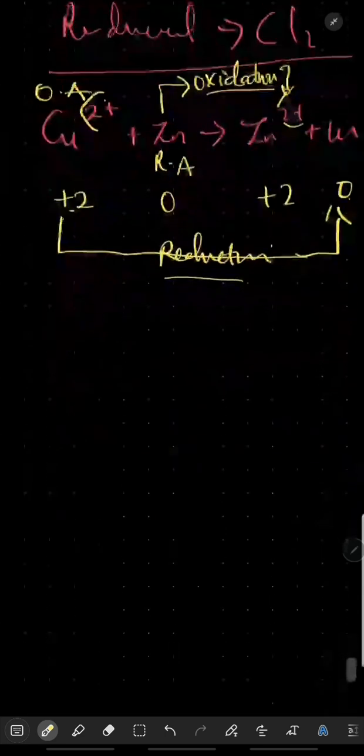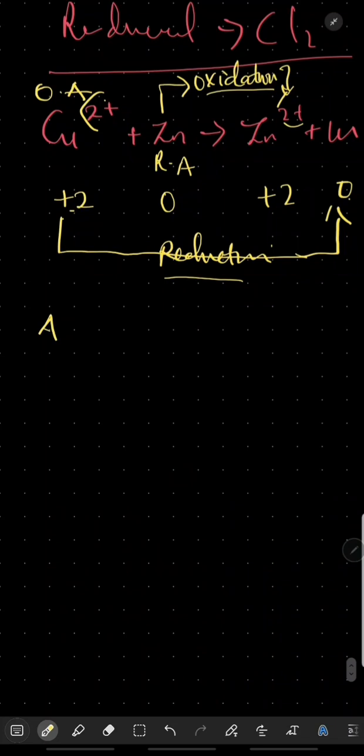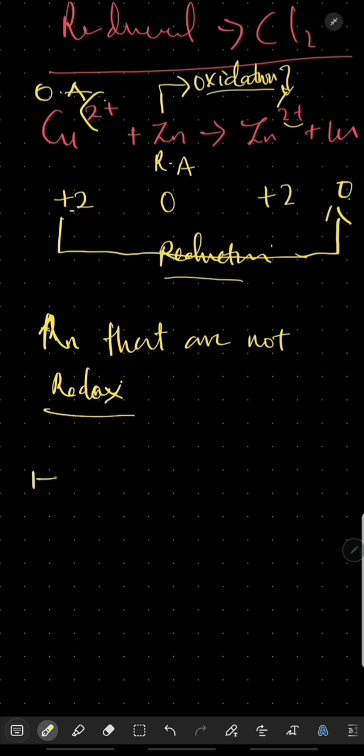Now note, there are some special reactions that are not redox reactions. Number one reaction that is not a redox is a neutralization reaction. Neutralization reaction is the reaction between acid and base. A good example of an acid is HCl, and a good example of a base is KOH, or sodium hydroxide is still the same.